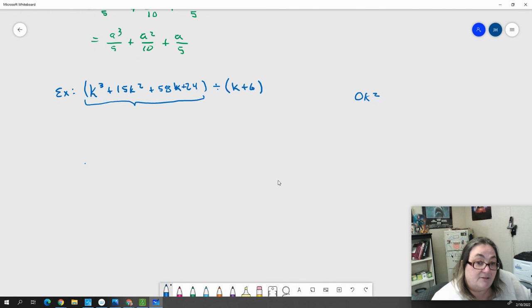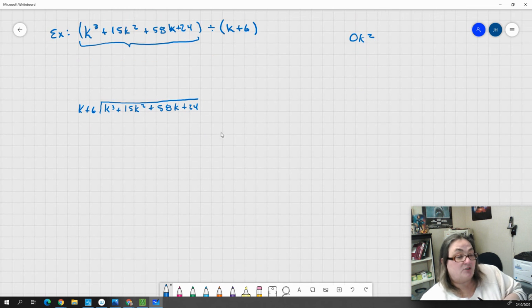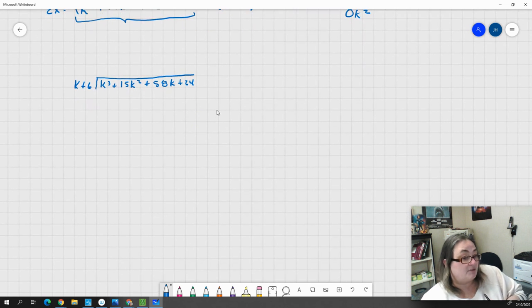I'm going to take the divisor, which is k plus 6, and I'm going to divide into the dividend, which is k cubed plus 15k squared plus 58k plus 24. So now everything is set up just like a regular old school division problem.